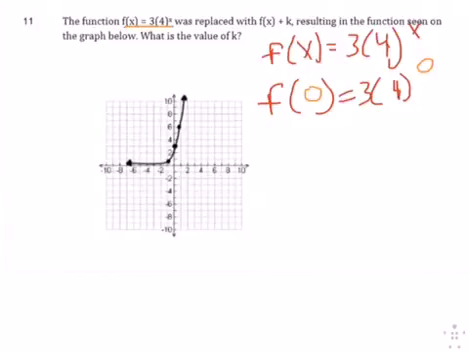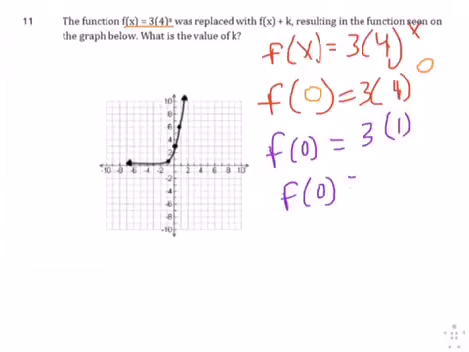Once we plug in the 0 for x, we get f of 0 equals 3 times 4 to the 0th power, which is 1, so 3 times 1. So f of 0 equals 3. So our y-intercept is 3.